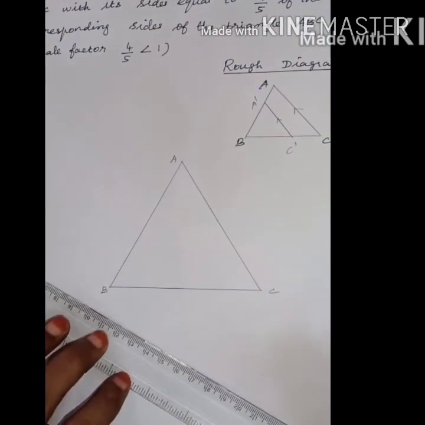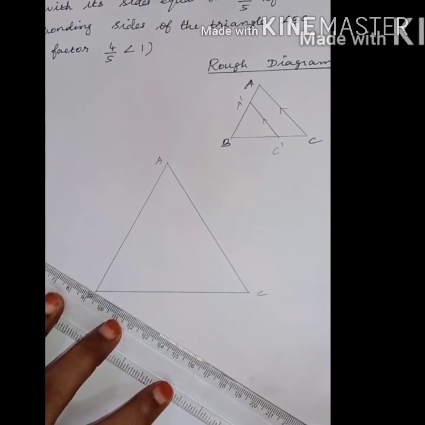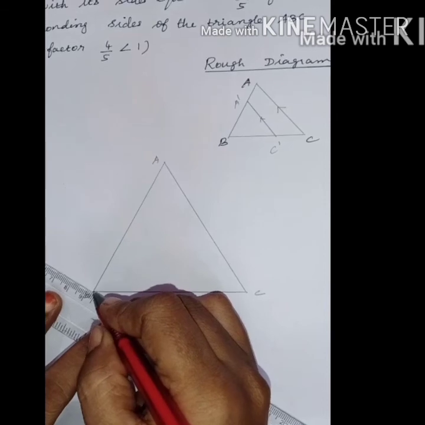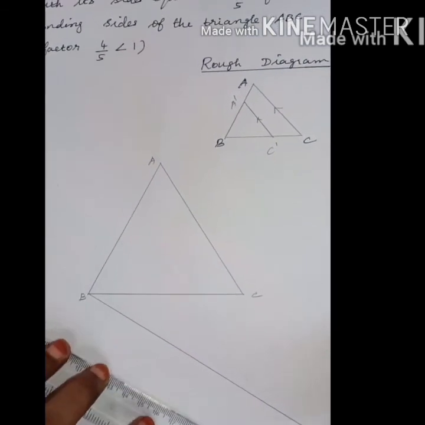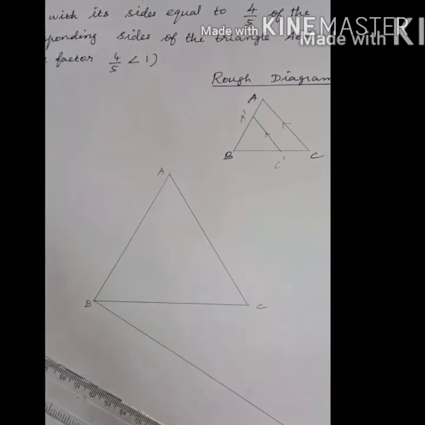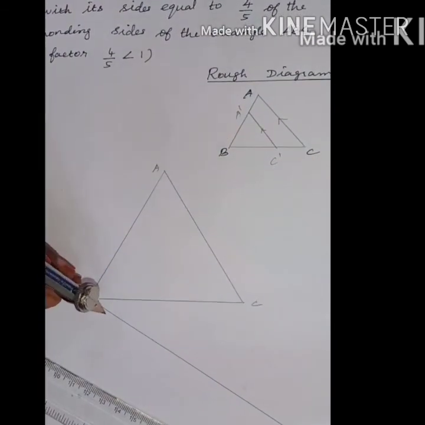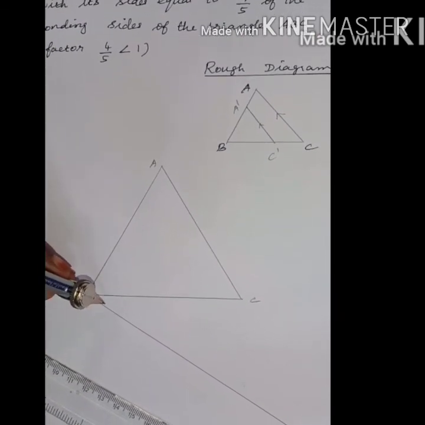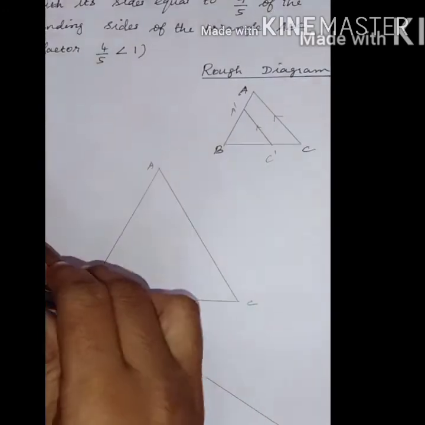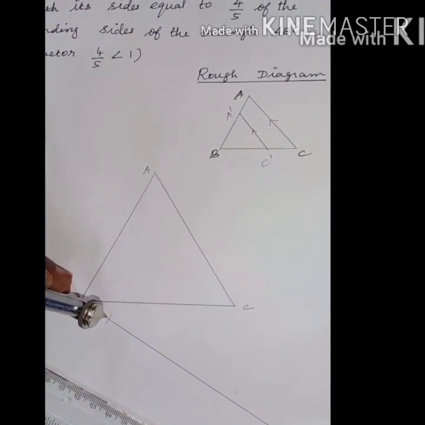Making an acute angle, from B you draw a line downside. Approximately, you divide it into 5 equal parts. So you take an arc, 5 arcs, because we need 5 portions.